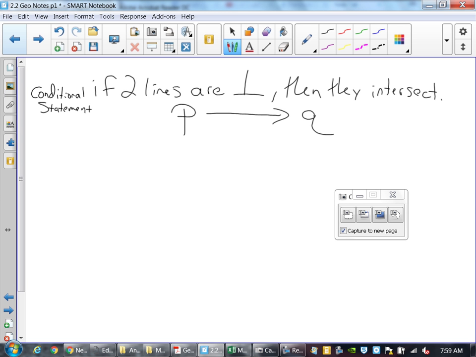Now, what I'm going to do next is what's called the converse. The converse of the statement is basically saying it backwards.